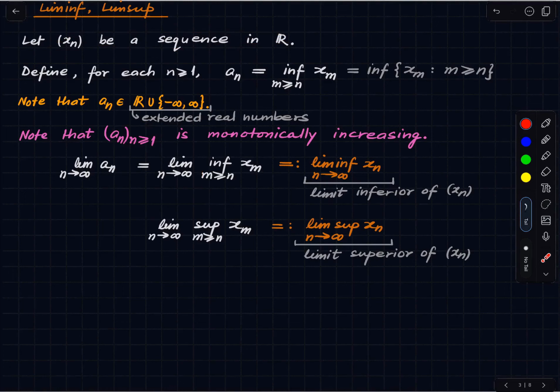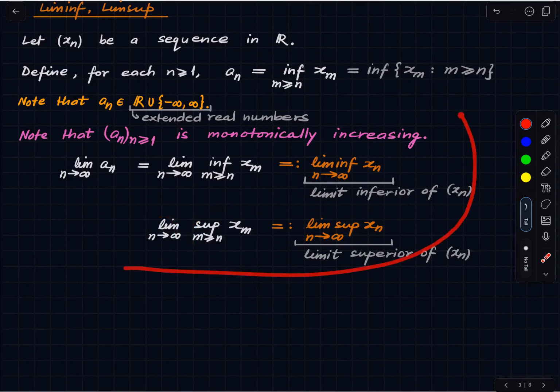So once you throw away all the things before time n, you get a tail sequence, meaning xn, xn plus 1, xn plus 2. That is a tail sequence. Take its infimum, then take the limit. The limit of the infimum is limit inferior. That is how I remember it. Liminf or limit inferior of xn is the limit of the infimums of the tail sequences. Similarly, limit superior or limsup of xn is the limit of the supremums of the tail sequences that you obtain out of xn.